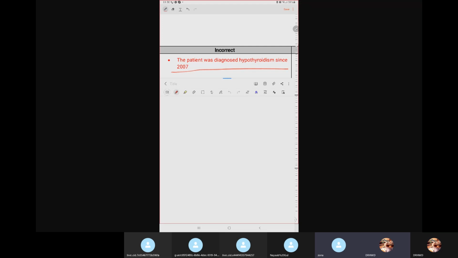Has had diagnosed. So you're saying that has had diagnosed since 2007? No, how would you correct the sentence? What would be the correct sentence here? The patient has had diagnosed hypothyroidism since 2007.